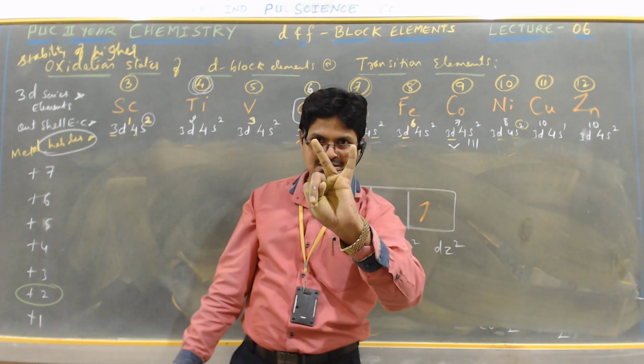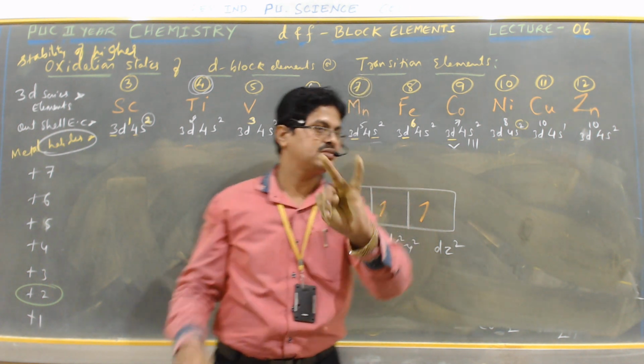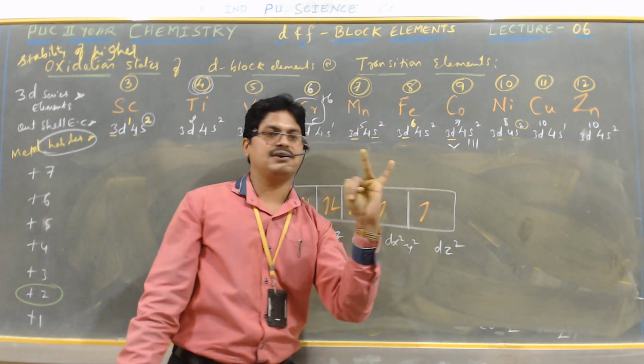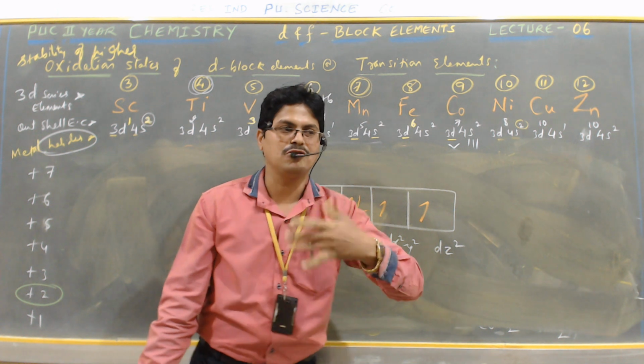Now how many fingers are left? Only 2 fingers. Then you say only 2 unpaired electrons are there. So it will be easy.